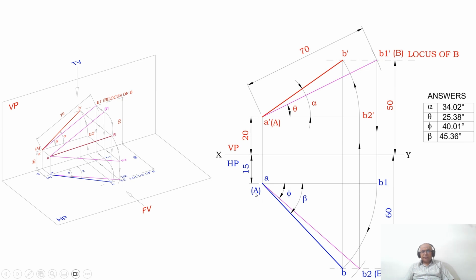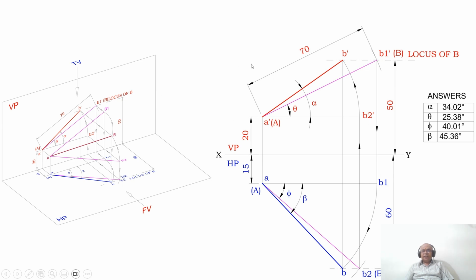That is the reason why you have capital A and capital B. Then you know this is the front view line, because correspondingly the top view is inclined. You know that this is the true length in the front view; obviously in the top view that line should be parallel to XY. You know that this is the true length in the top view; obviously that line should be parallel to the XY line in the front view.